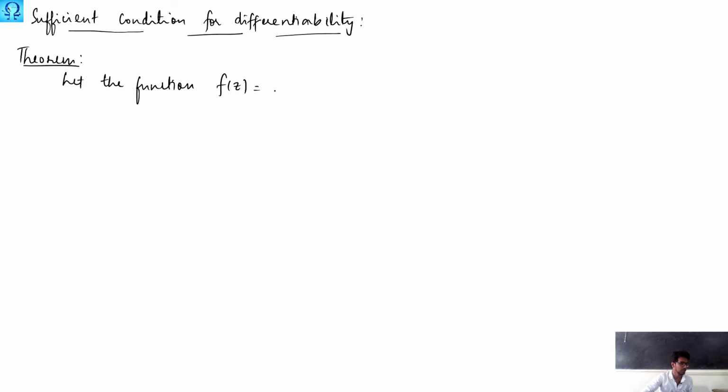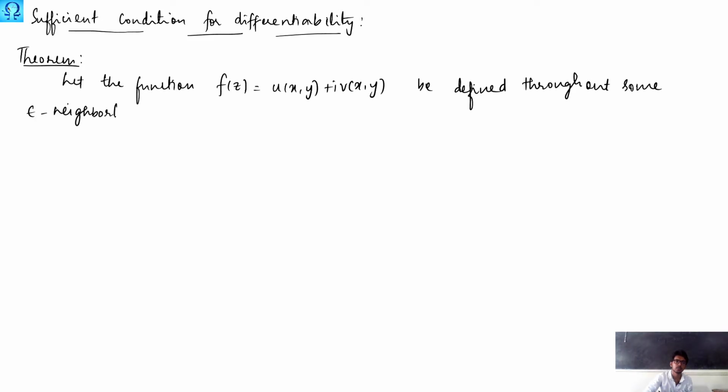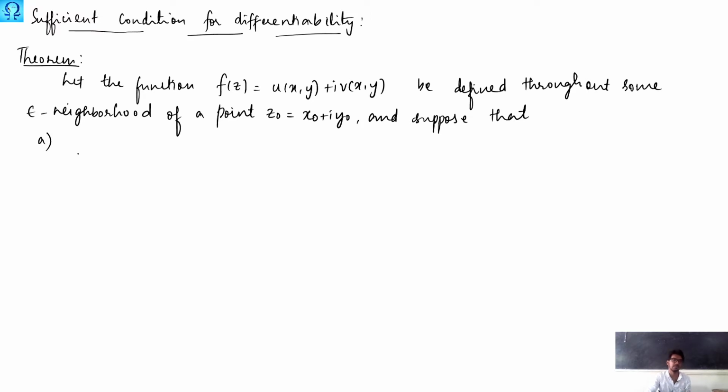f of z, that is u of x y plus iota times v of x y, be defined throughout some epsilon neighborhood of a point z naught equals x naught plus iota times y naught, and suppose that, we are going to make some suppositions, that is the base assumptions.